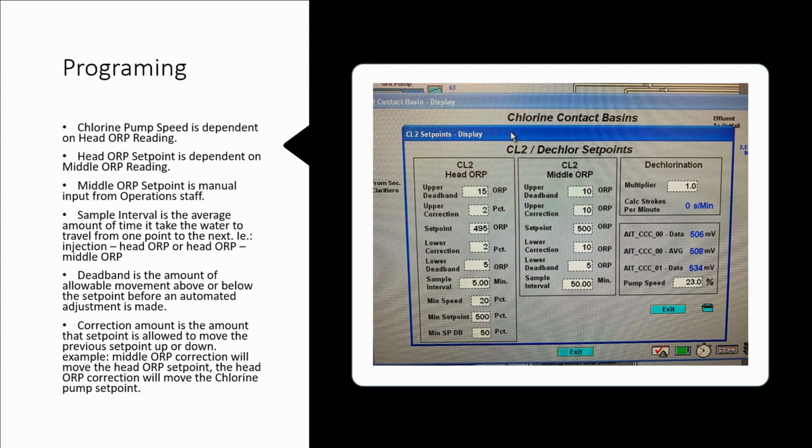Let's see what else we got here. Sample interval, dead bands. The dead band is basically how far we allow the probe to move above and below that set point before you try and make a correction. Yeah. So we allow for it to have some movement. That way it isn't constantly changing that set point over and over again.